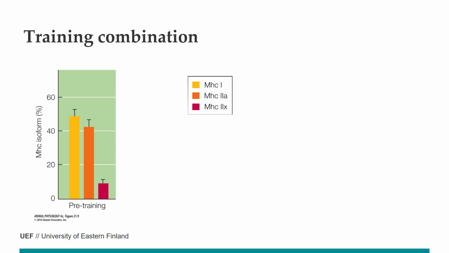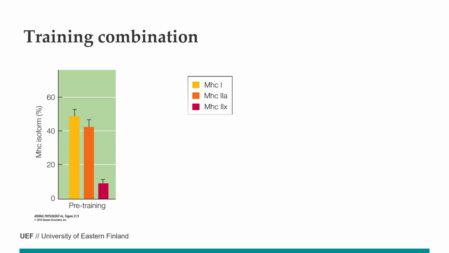Okay, if you want to have as large a muscle as possible, do you just use the heaviest load in the gym and pump it? Well, actually, a training combination can be more effective if you want to win the gold medal in a competition where you want to run as fast as possible.